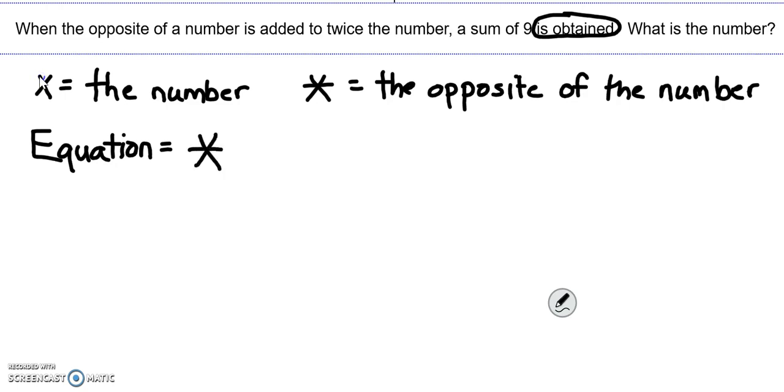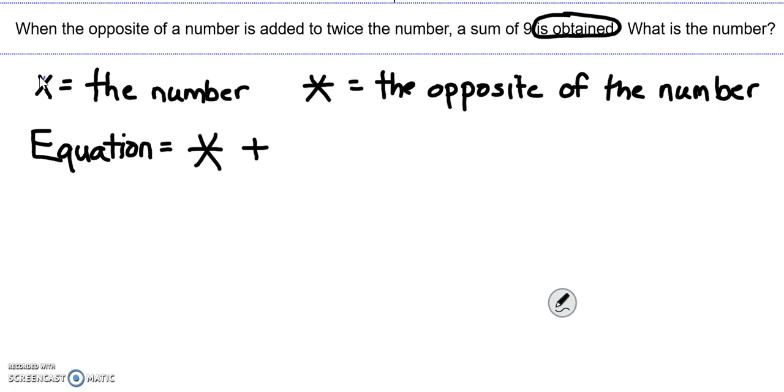Is added to. How do I translate is added to into symbols or numerals? An addition sign, exactly. When the opposite of a number is added to twice the number. How would I write twice the number? Not just 2, because that would be when the opposite of a number is added to 2.